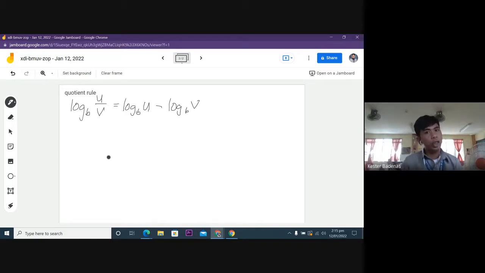Nakuha niyo yung logic. So, logarithm of u over v with the base b is equal to the logarithm of u with the base b minus logarithm of v with the base b.